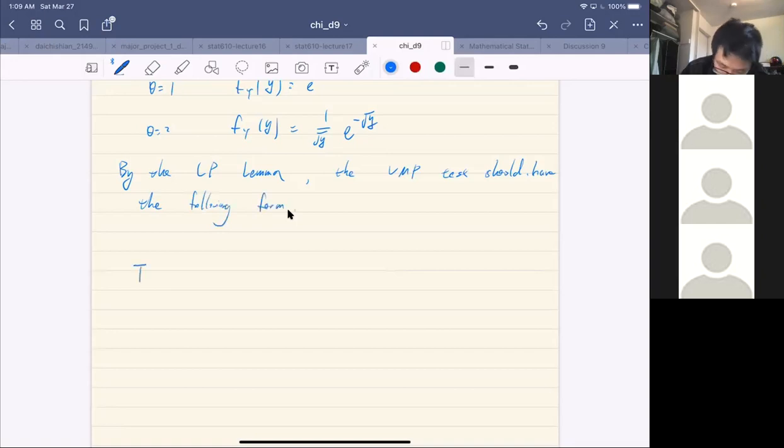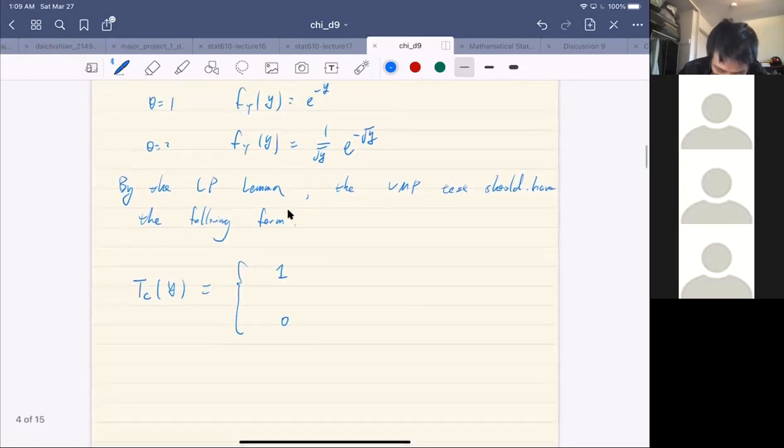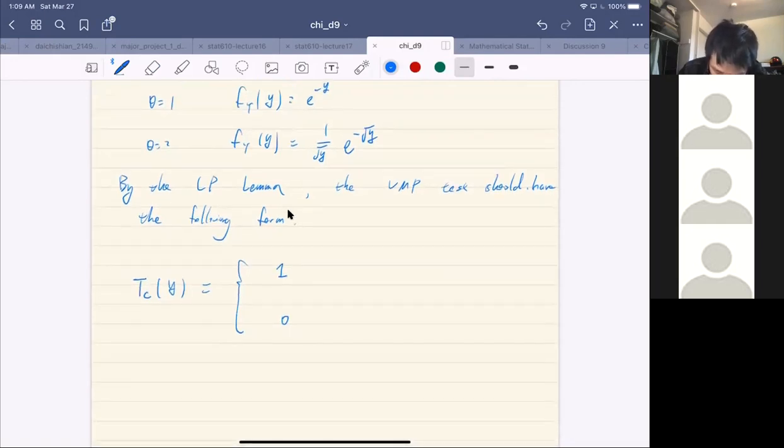The test may depend on the constant, the cut point C: it is 1 or 0. It is 1 if the density f2(y) is greater than the constant times f1(y), and 0 if f2(y) is smaller than the constant times f1(y).